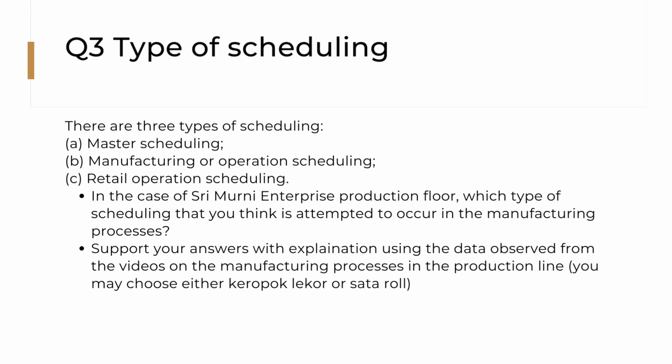So you should do some reading on what is master scheduling, what is manufacturing or operation scheduling, and what is retail operation scheduling. After you have known this, you match it to the observed scheduling if there is any, and support your answers using the real data that you observe from the videos. So that is all.